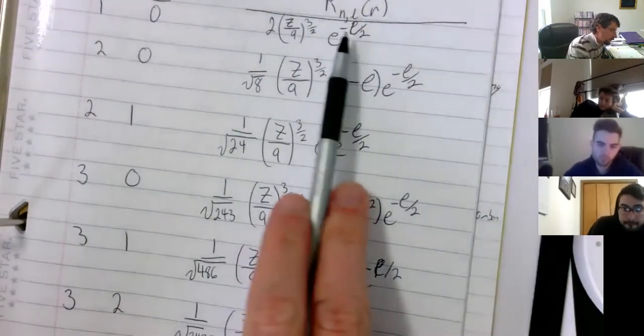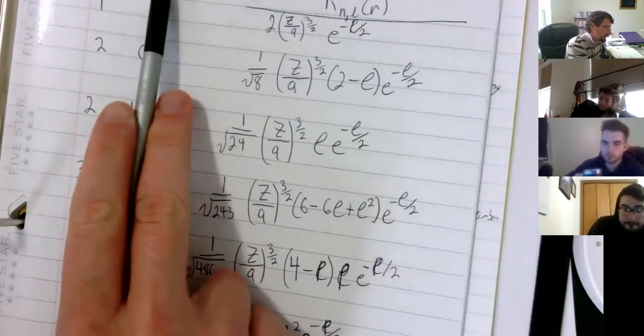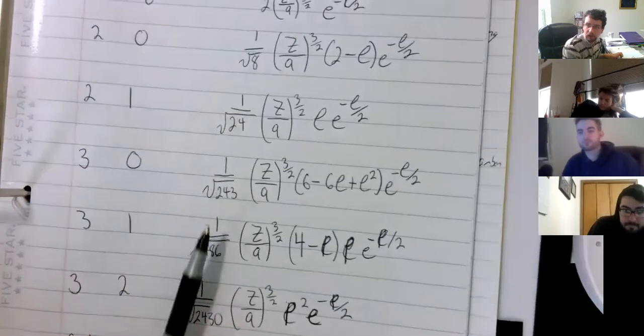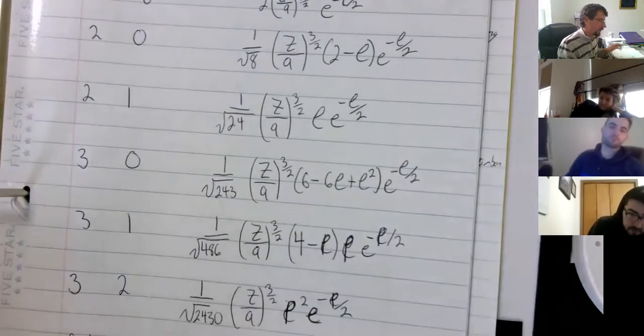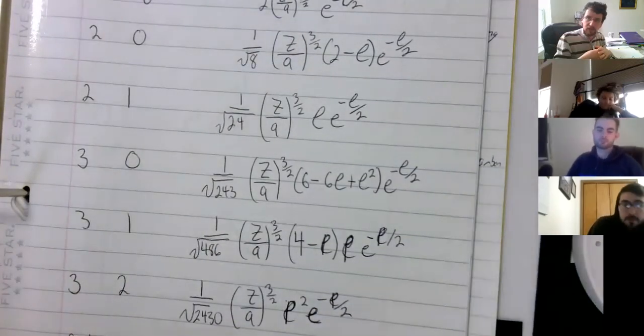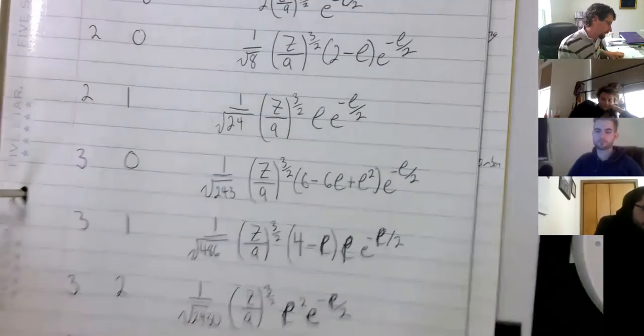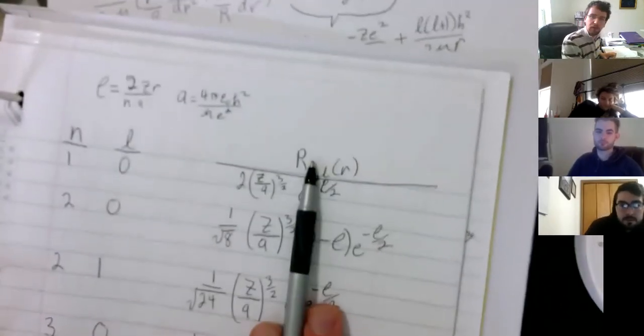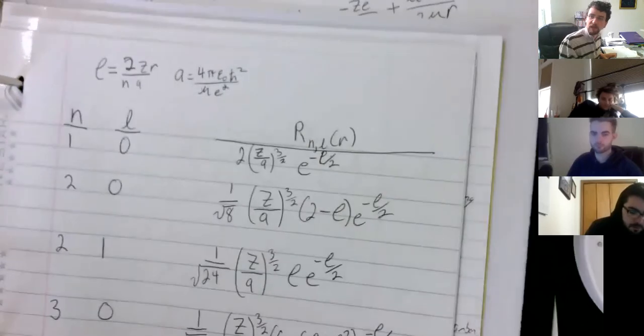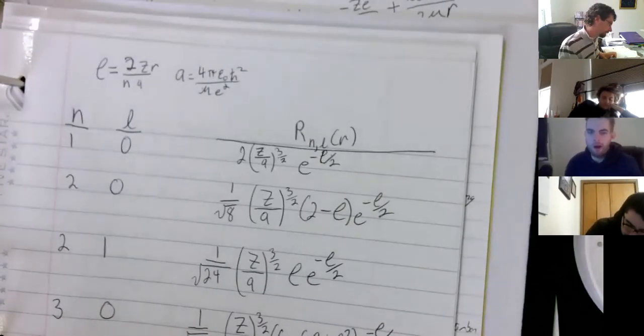So what these rows are, R is related to a value of n, but these are the resulting wave functions. All we've done is combine the radial component and the angular momentum component, that Y that we have to look at.